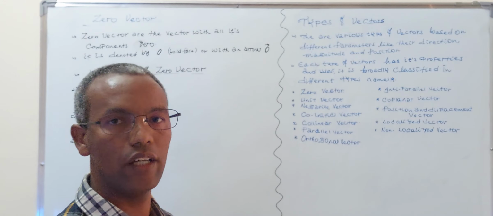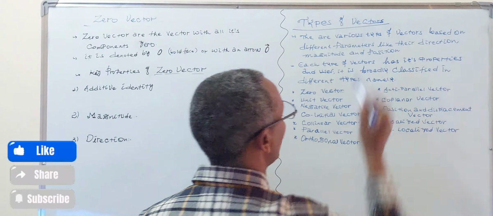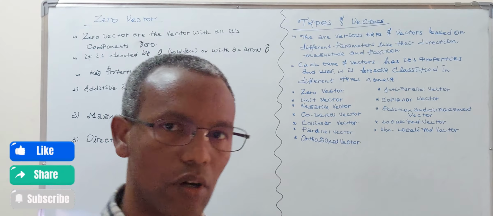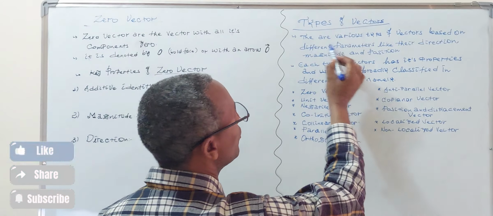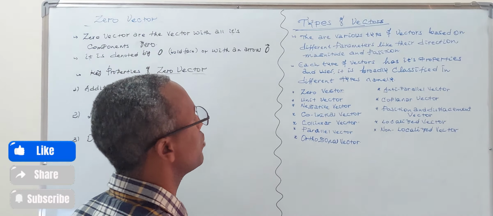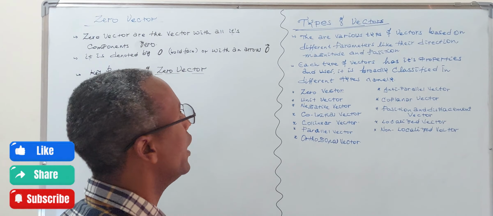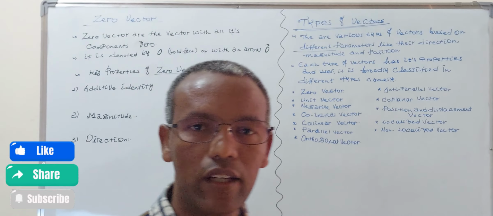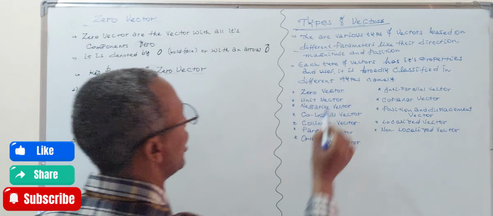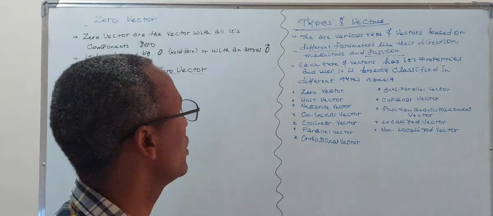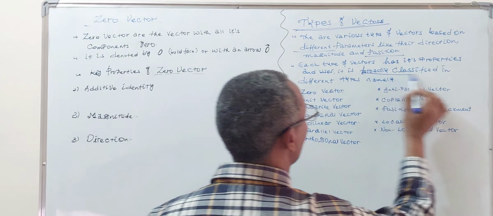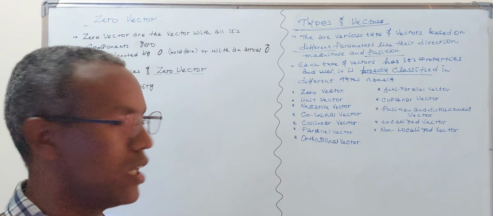Like I said, in this section, we will describe the types of vector. We have broad types of vector, with a list of vectors based on different parameters like direction, magnitude and position. Vector physical quantities can be classified into different types.